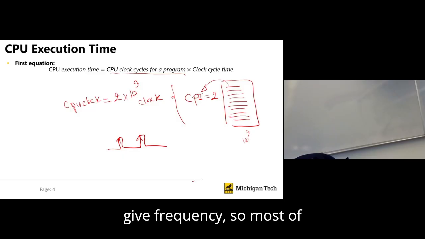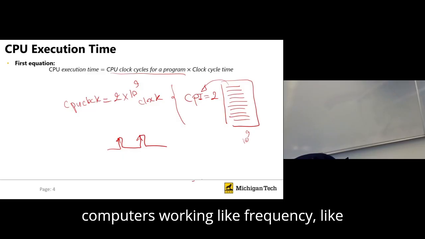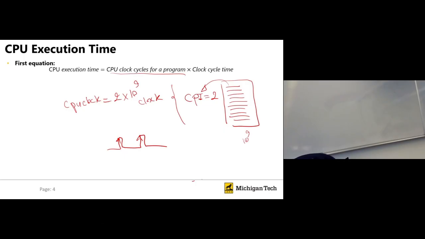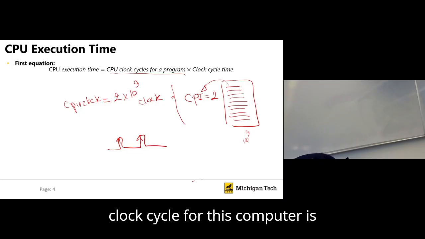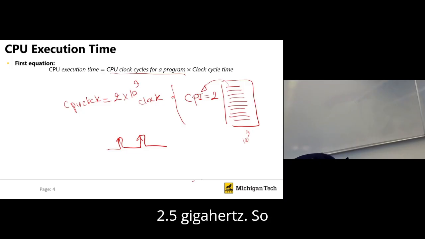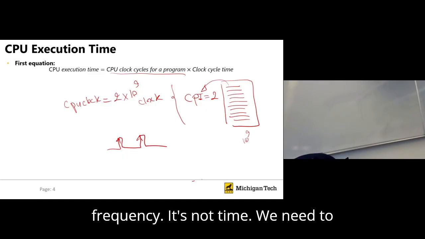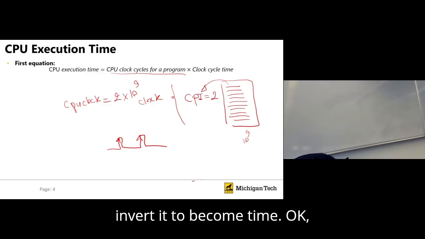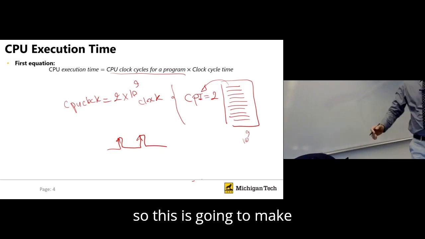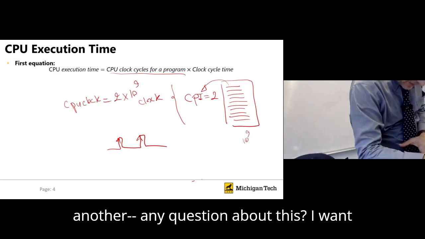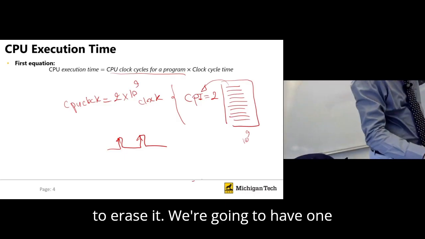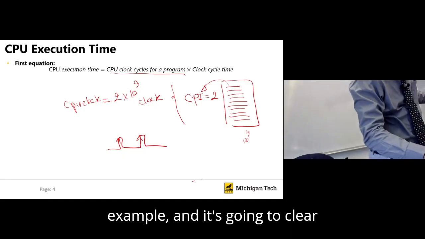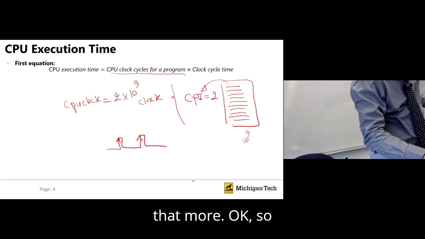But if we are given frequency, most computers work with frequency, like 2 gigahertz. So we are saying, okay, the clock rate for this computer is 2.5 gigahertz. So 2.5 gigahertz is frequency, not time. We need to invert it to become time. Okay, any questions about this? I want to erase it. We're going to have one example and that's going to make it clearer.